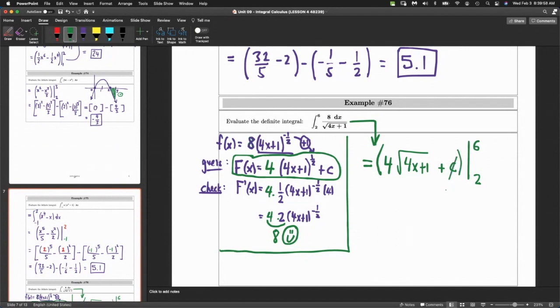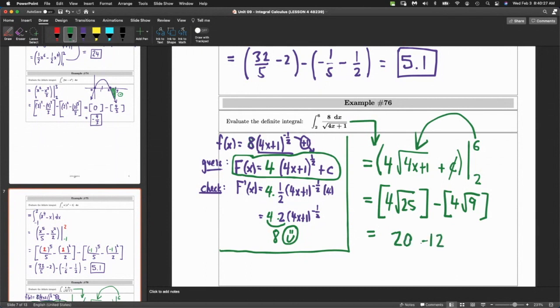So I'm just going to cross the c out right away because we don't need it. And now what you're going to do is plug in 6 into this expression. So we have 4 times 25, because 4 times 6 plus 1 is 25. And then you're going to plug in 2. So you're going to have 4 root 9. Which actually cleans up really nice.